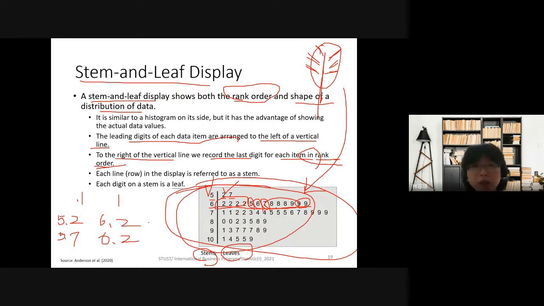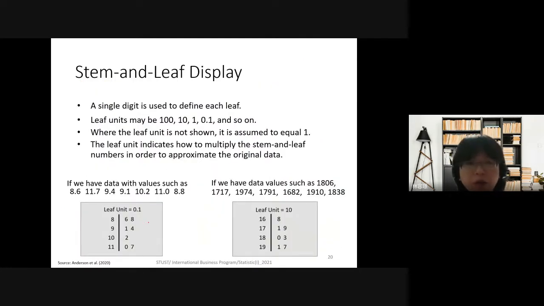A single digit is used to define each leaf, so we can define the leaf unit, for example 110 or 1.1. If the leaf unit is not shown, we assume it is equal to 1.